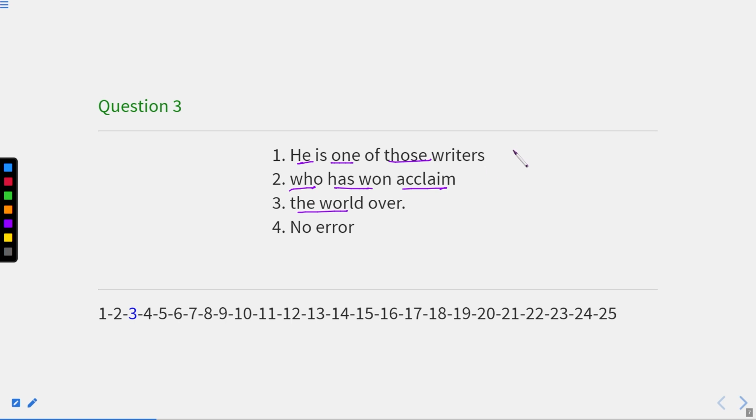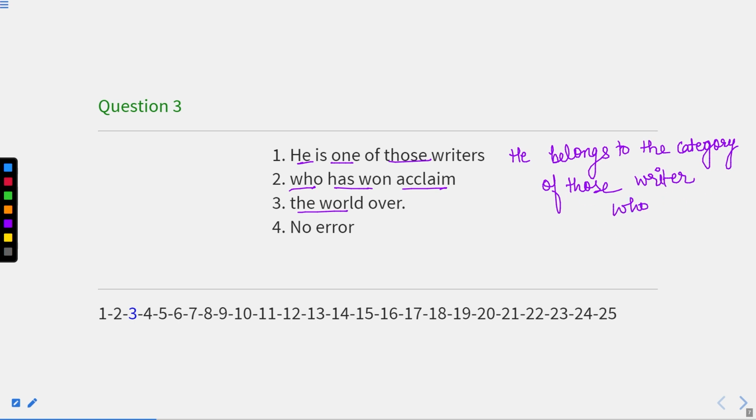Which writers, or what writers? He is one of those writers. It means he belongs to the category of those writers who. Now which type of writers? Those writers are plural.